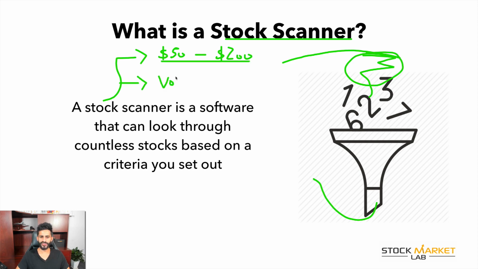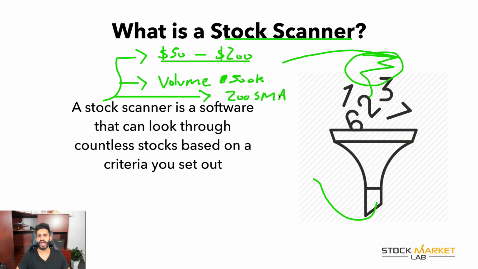I can also search for financial information. I can also search for stocks that have a certain amount of float. I can also search for certain technical indicators. Like, hey, find me all the stocks trading between $50 and $200 with at least a daily volume of 500K that, I don't know, is above the 200-day simple moving average.